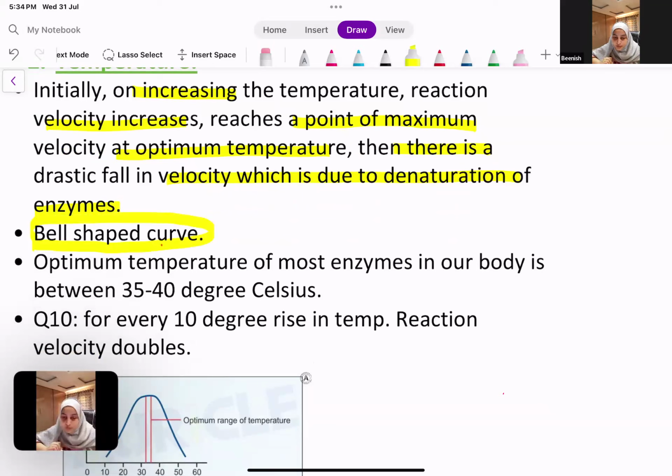So why do we say it's going to give a bell-shaped curve? Because as I mentioned, the enzymes are working in a very narrow range of temperature and pH. Okay. So there is this optimum temperature, that is where you have the maximum velocity of the reaction, and either below or above this optimum temperature, your reaction velocity is going to decrease. Okay. So therefore, you're going to get a bell-shaped curve.